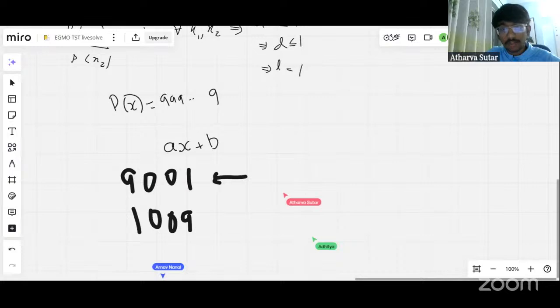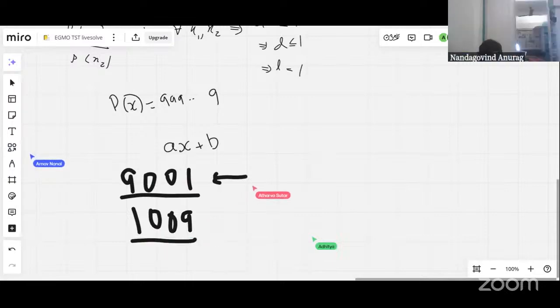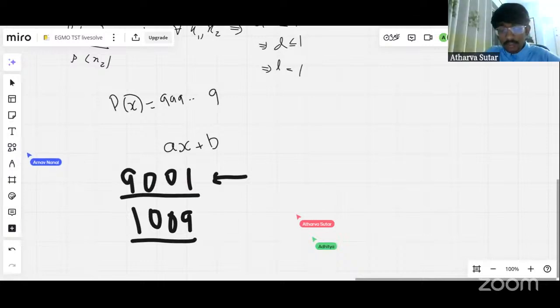Because then p of this, if a has the first digit 2 or more, then I think this would have more digits than this. Yes, that's true. So I think we can assume that the first digit of a has to be 1.